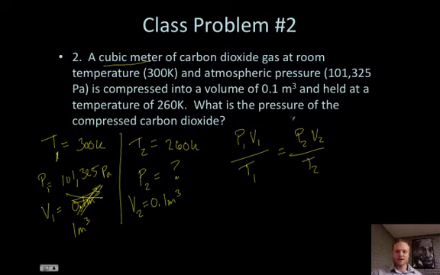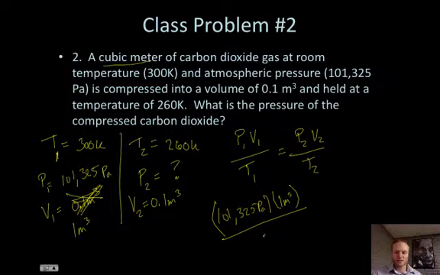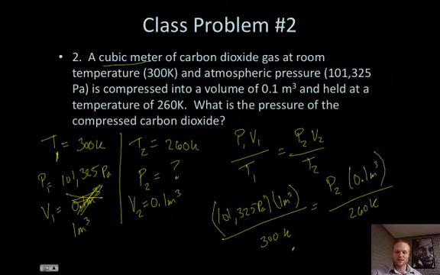Okay, and basically, if I just start plugging my numbers in, so I have 101,325 pascals for my pressure, times a volume of 1 meter cubed, divided by a temperature of 300 Kelvin, equals pressure, which I don't know, times a volume, which is 0.1 meters cubed, divided by a temperature of 260 Kelvin.